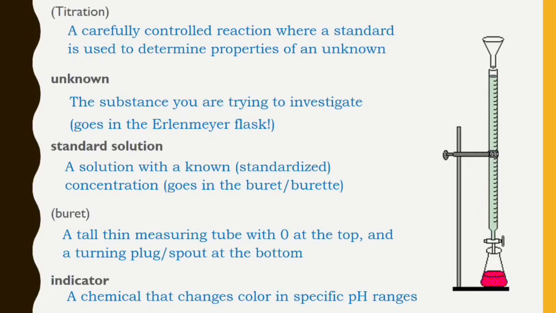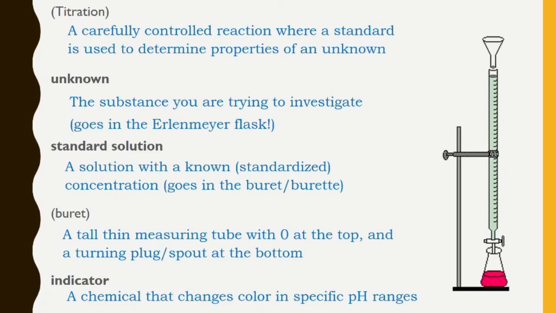And an indicator is just a special chemical that changes color at specific pH ranges. So we'll be able to tell when we get to that pH by telling when our indicator has changed color. And we'll come and look at some indicator examples a little bit later and all the pretty colors that they can turn.